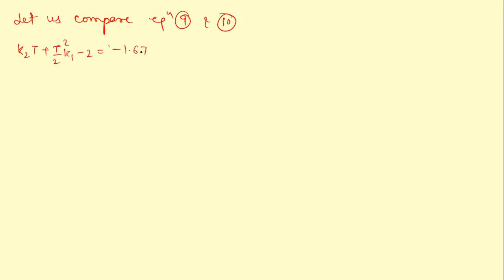Now let us compare equation 9 and 10. On comparing equation 9 and 10, we get k2t plus t square by 2k1 minus 2 is equal to minus 1.67, and t square by 2k1 minus tk2 plus 1 is equal to 0.77.